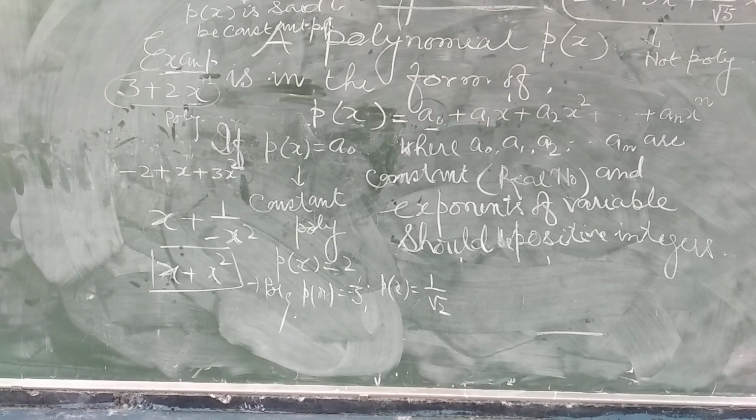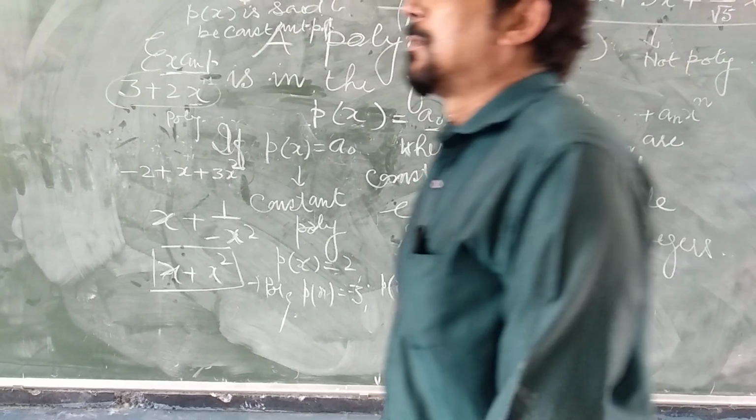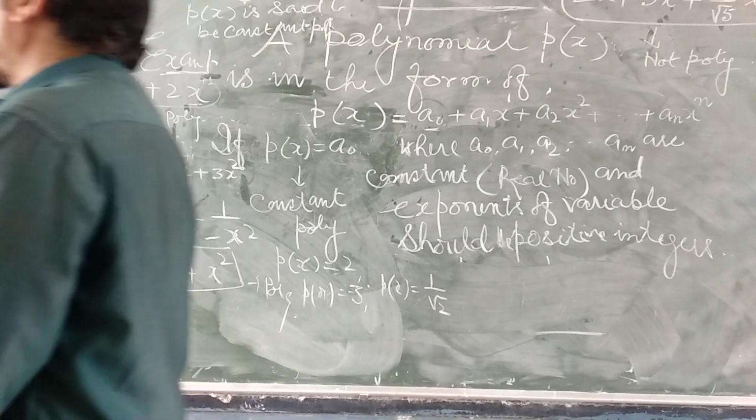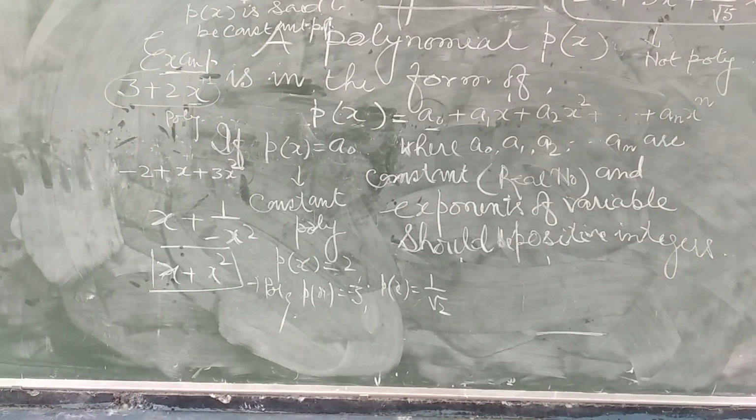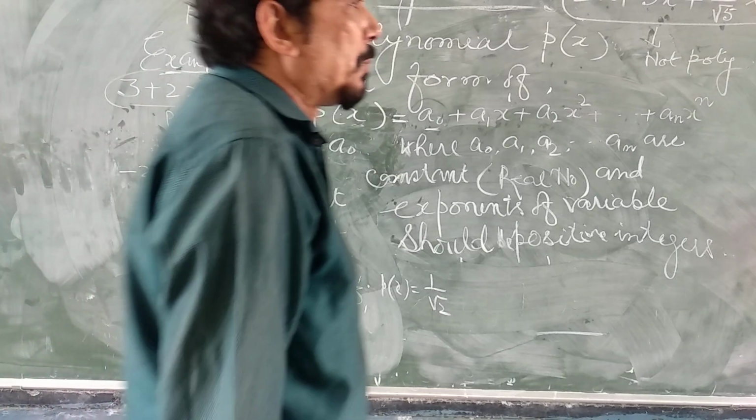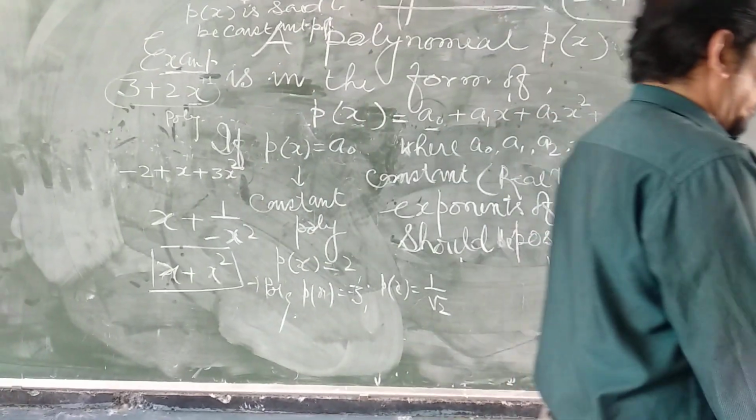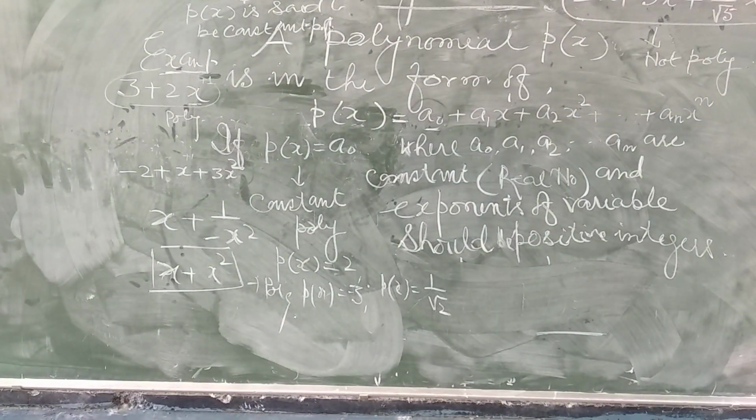You can say every real number is a constant polynomial because it has only one term which is a real number. Okay? So that is the way to identify whether the given expression is a polynomial or not.